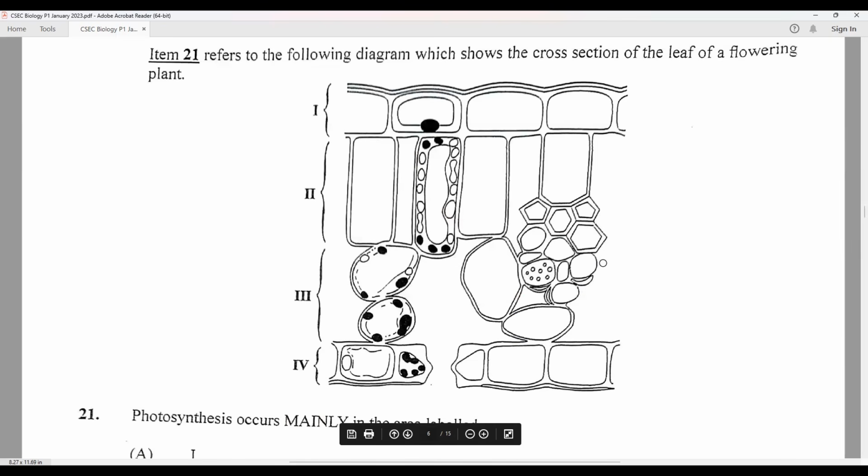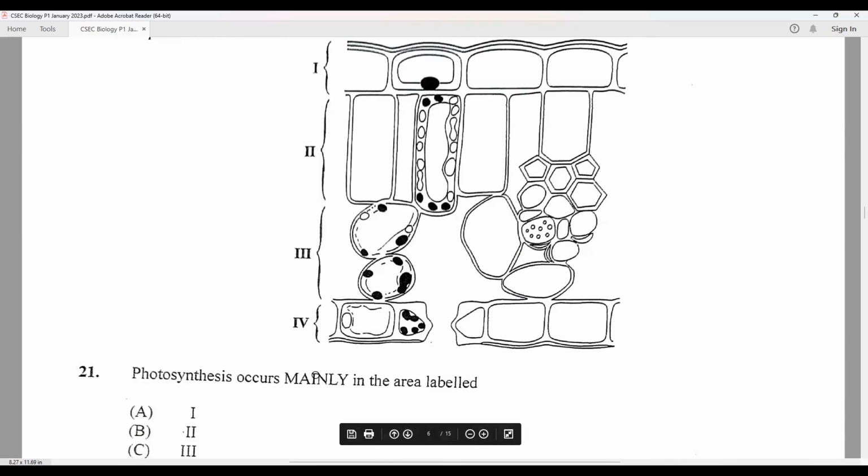This area here is the vascular bundle. Look, they give a sieve plate on top here. So which area is the area for photosynthesis? And for that, you are choosing B, which is area 2.